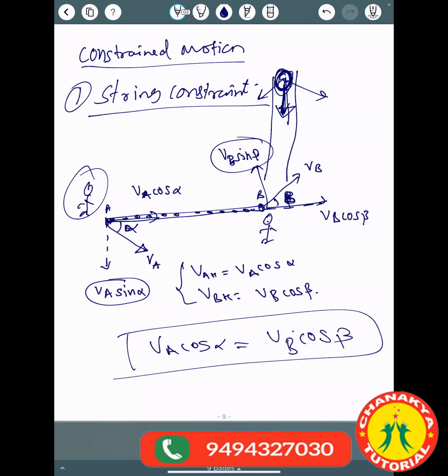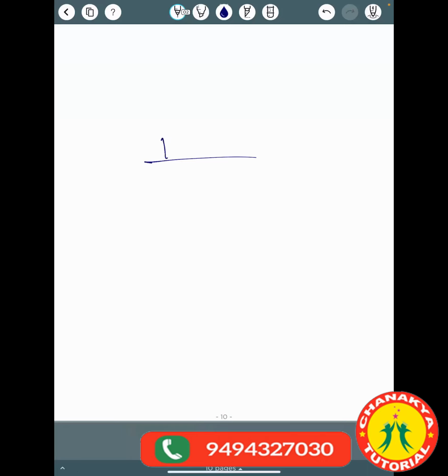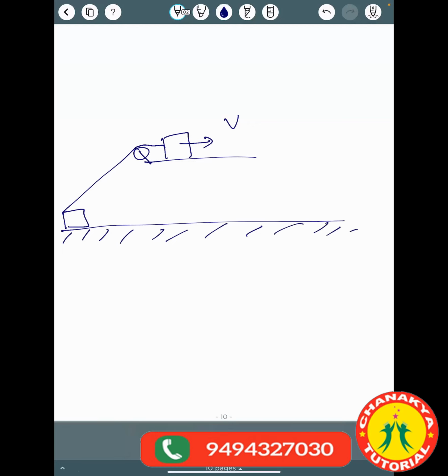Okay. Let's take an example. Let's say there is a block which is moving with some velocity v and there is some pulley kind of thing. I will explain all this pulley. And there is one more block which is on the ground. Let's say this angle is 37 degrees and this velocity is 100.